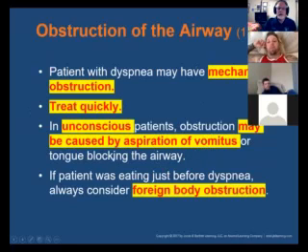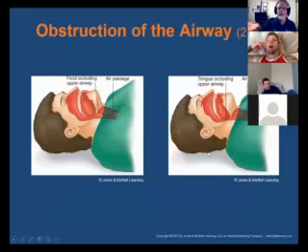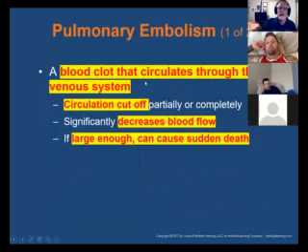So we can use OPA if they'll tolerate it, NPA if they won't. Suction, we have to get this vomit out of the way before we utilize any sort of positive pressure ventilation, if that's what we need to do. If the patient was eating just before their sudden onset of dyspnea, consider a foreign body food obstruction. There's tongue obstructing an airway.